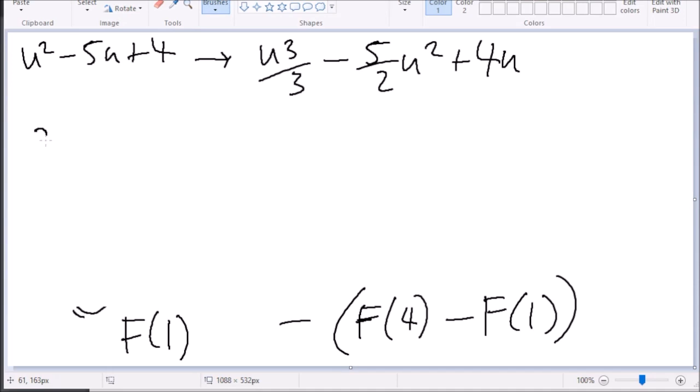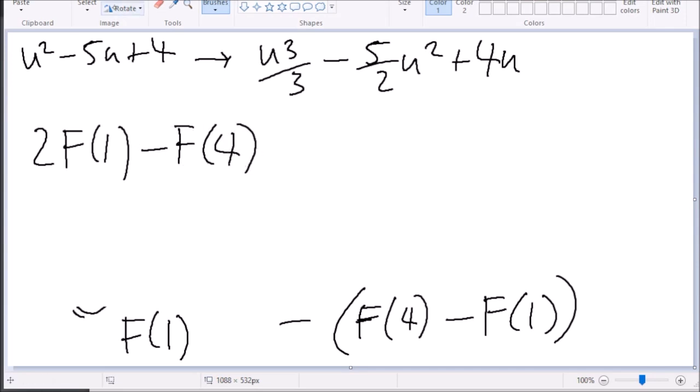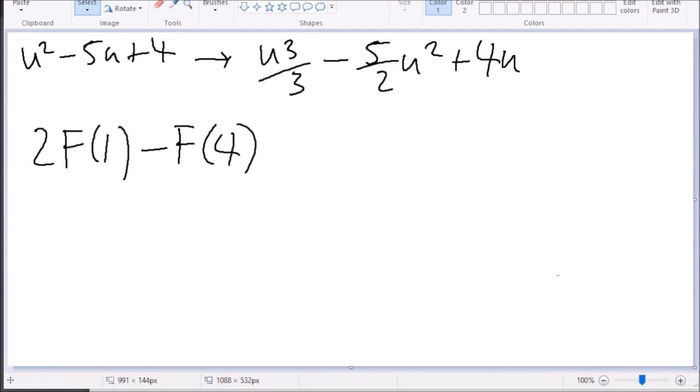Our answer is 2 times f of 1, because we combine these, and then minus f of 4. Now let's plug in 1 and 4 into this antiderivative.